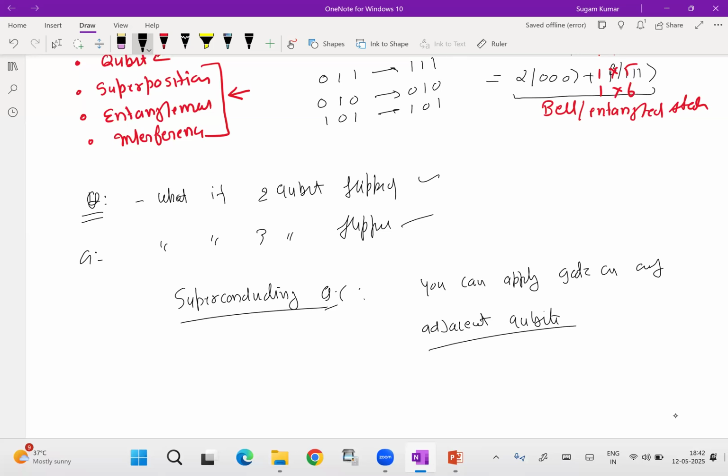So only the nearest qubits which are physically adjacent. When I say adjacent, I mean physically adjacent.